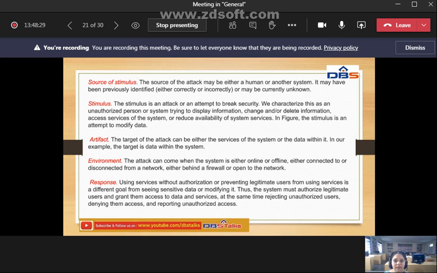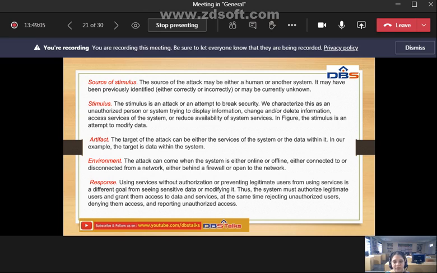In both situations, we will get this particular type of attack. The system may be either connected or disconnected from a network, either behind a firewall or on an open network. So, in all cases, these attacks will come.